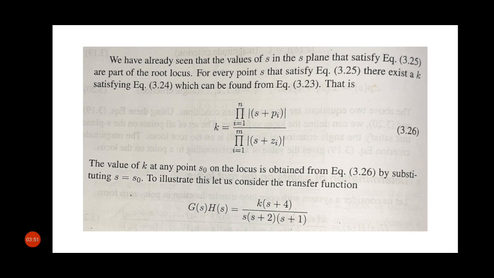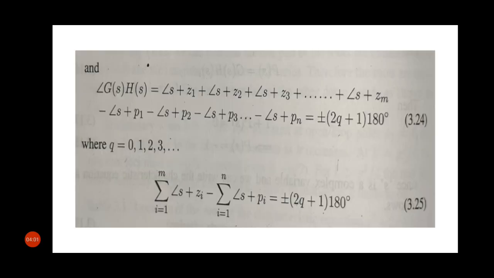Now we already know that the values of s in the s-plane that satisfy equation 3.25 are part of the root locus. For every point s that satisfies equation 3.25, there exists a K satisfying equation 3.24, which can be found from equation 3.23.